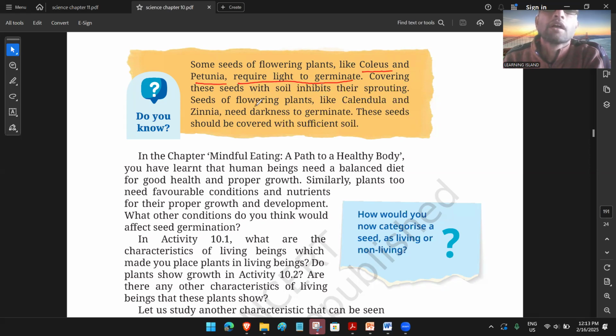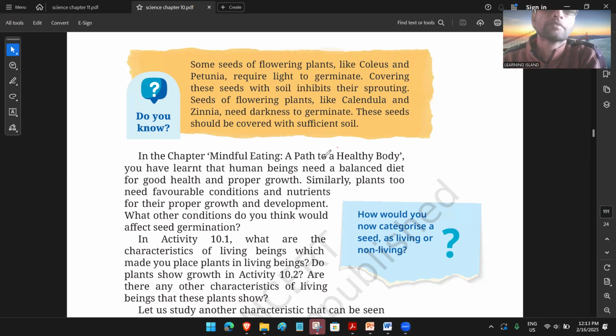Okay, and flowering plants like calendula and zinnia need darkness to germinate. Okay, ये आपको सीखना ही सीखना है, ठीक है। Now come to the next portion.